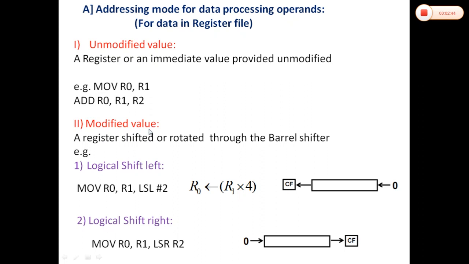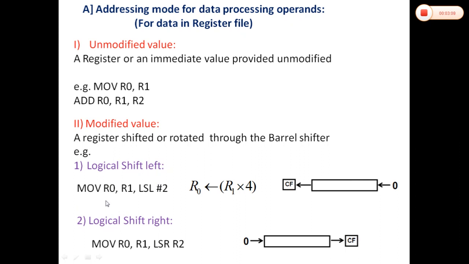In this type, one of the source registers is either shifted or rotated by using the barrel shifter, and that's why it is modified before it is actually operated. The different types of operations that the barrel shifter can perform are as discussed below. Logical shift left.